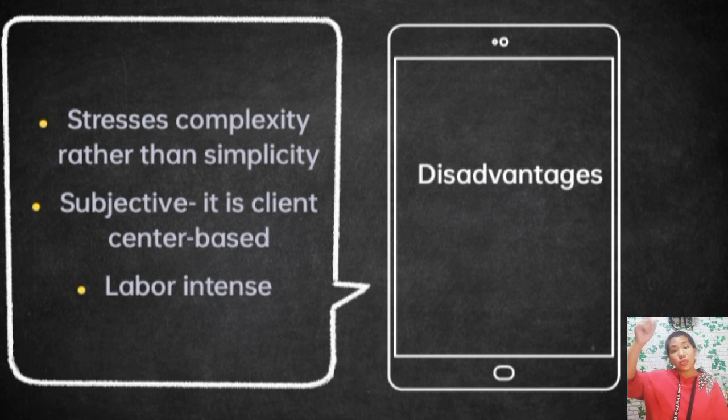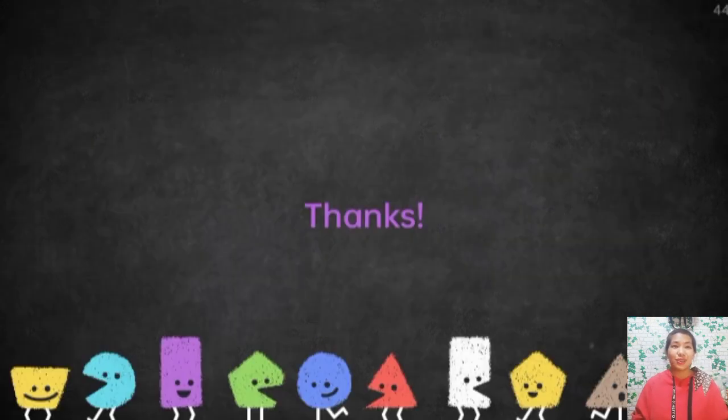Unlike the first one, which is the goal-free evaluation, it is objective, but for the stake's responsive model, it is subjective. So that's it for the report about the stake's responsive model.